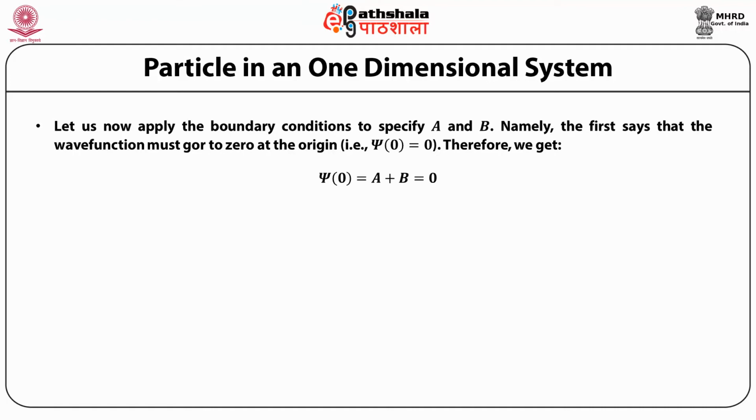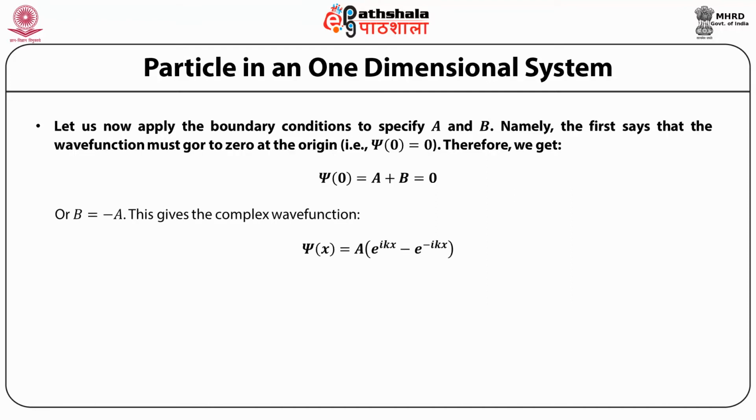Psi must go to 0 at the origin. That is psi(0) equal to 0. Therefore, we get psi(0) equal to A plus B equal to 0, or B equal to minus A.